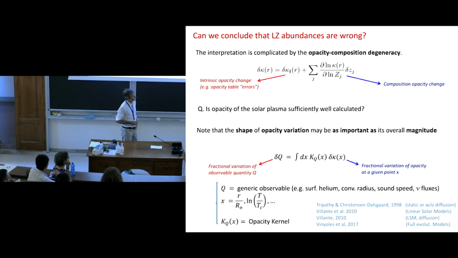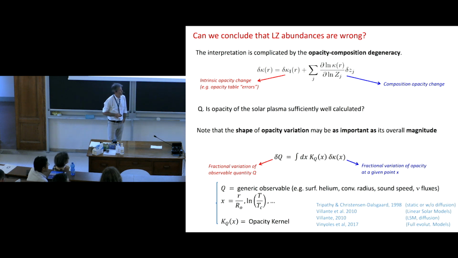This kind of point was raised in this paper, where, by using a different technique, we calculated the opacity kernels, which allow us to determine the effect on a given observational quantity of an arbitrary variation of the opacity profile.